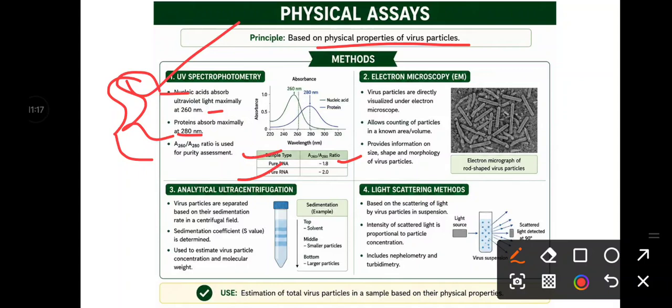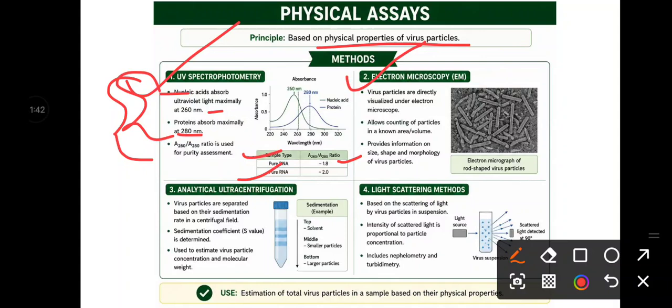Next, the second important thing is electron microscopy. In a microscope, what do we use it to see? We use electron microscopy or any microscope to see shape, size and physical appearance. Electron microscopy is a more advanced version of microscopy, where we visualize the virus.